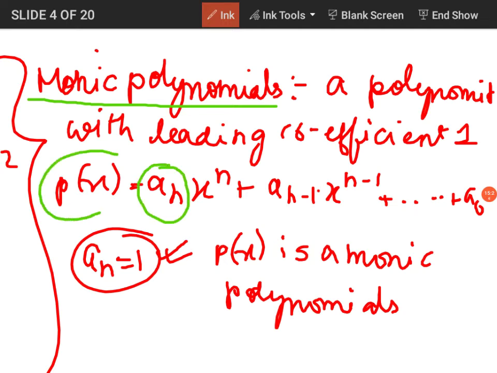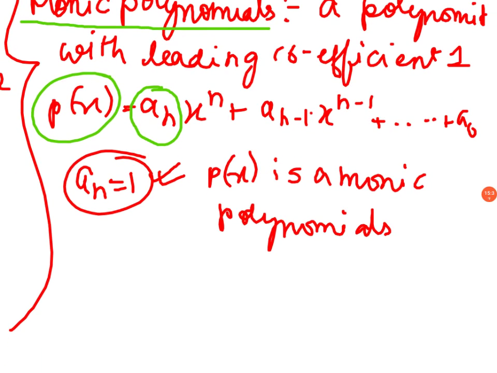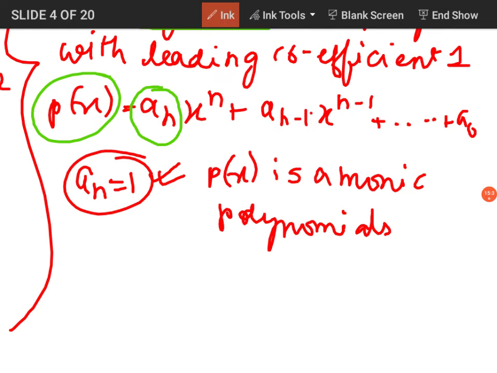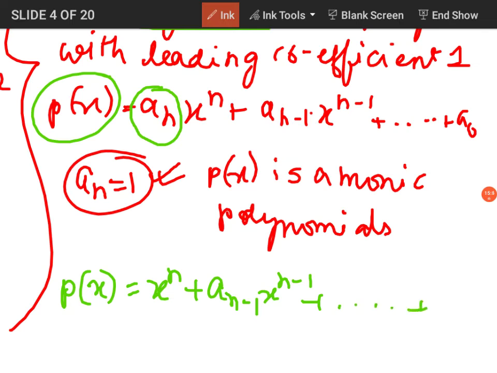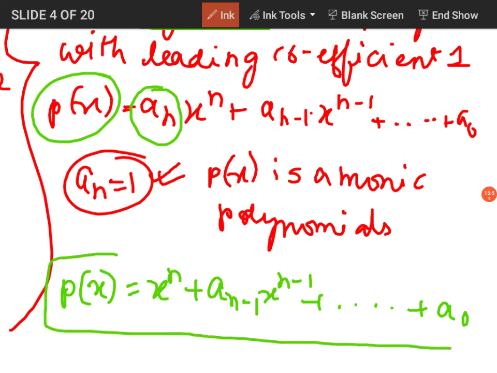So this general polynomial will be called a monic polynomial if and only if the leading coefficient is 1. And this is common sense: if you want to write the general form of a monic polynomial, it will obviously be this one. Very logical, right? Because here a_n is 1, so we don't need to write it. So this is a general form of a monic polynomial.